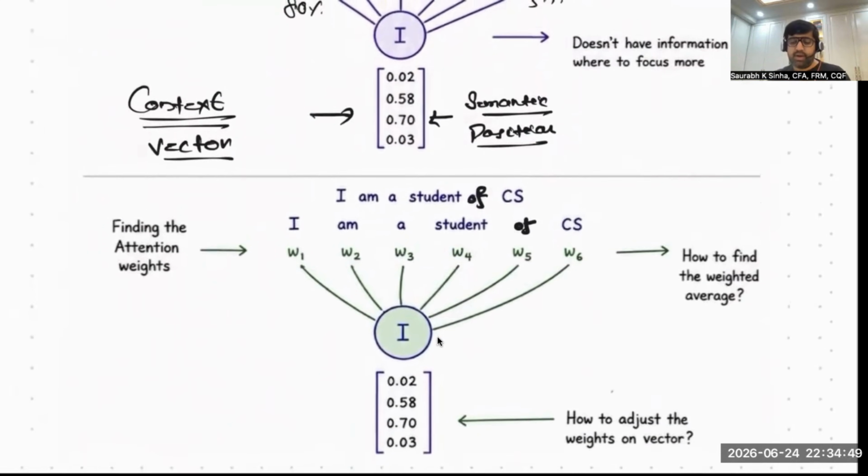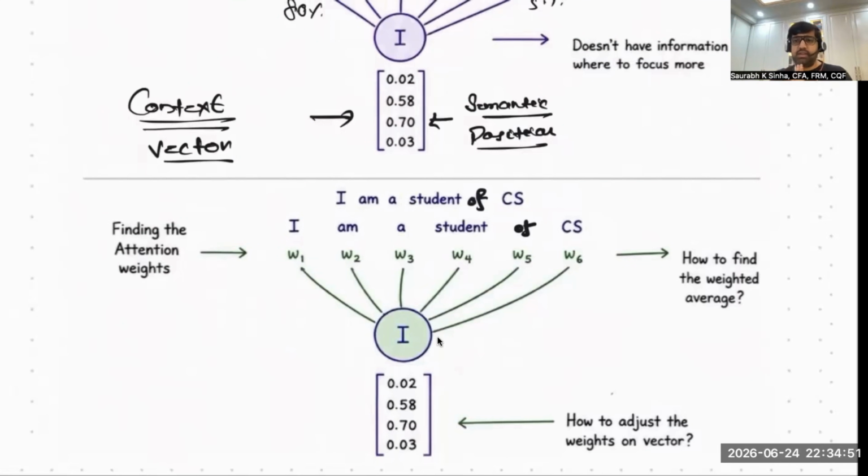Which simply means I need to find the attention weight or attention score. What should be the weight given to I, am, a, student, of, and CS?